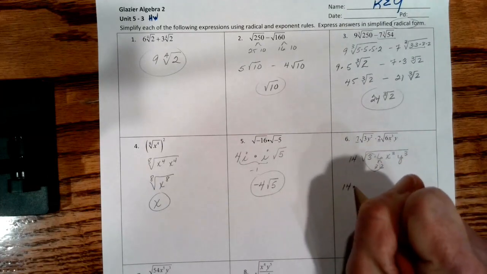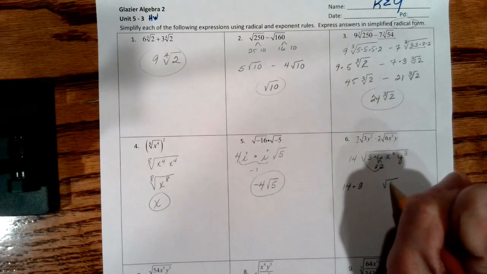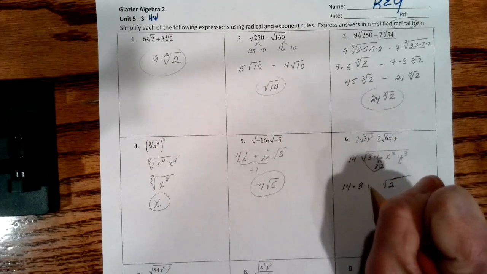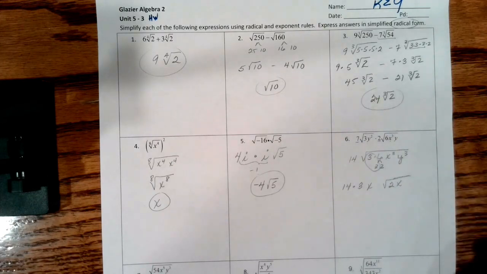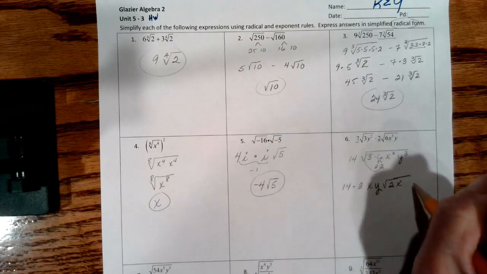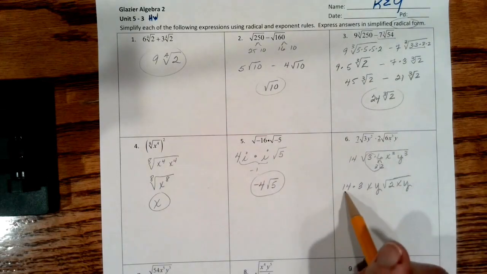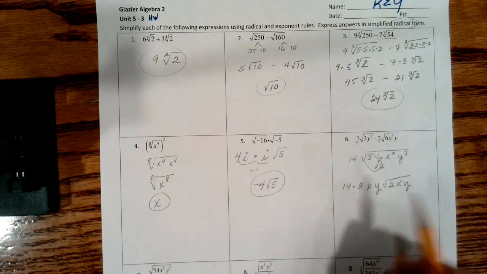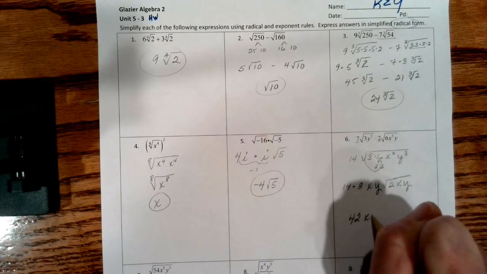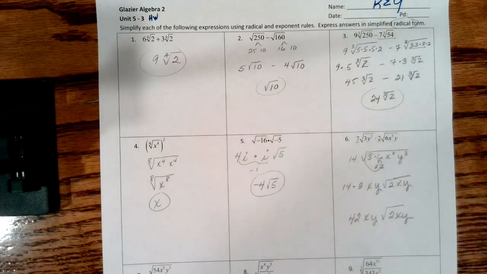So 14 times 3 comes out, and this 2 is left inside. 2 x's come out as 1, and 1 is left inside. 2 y's come out as 1, and 1 is left inside. 14 times 3 is 42. 42xy times the square root of 2xy.